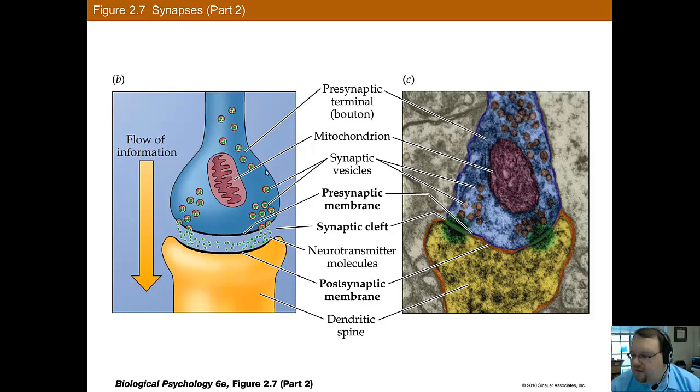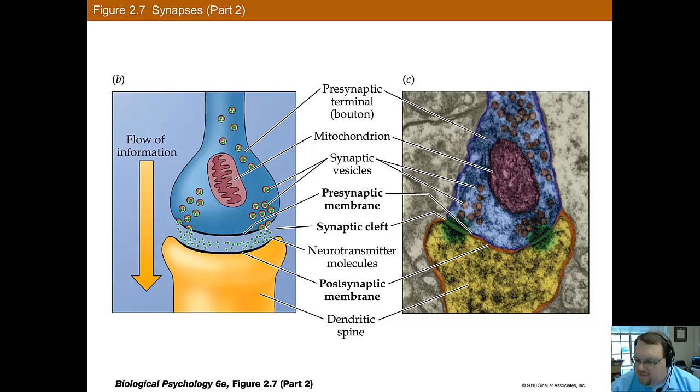Kind of going through the information here, you have both a real picture and an animation. All this is called the presynaptic terminal, and again, presynaptic because it's before the synapse. Here you just have a mitochondrion, so the power plant. Here are those vesicles, the little pods that hold the neurotransmitter.